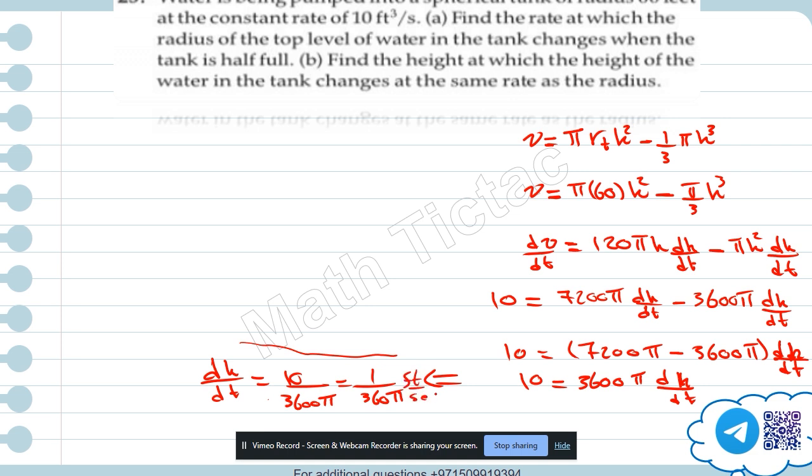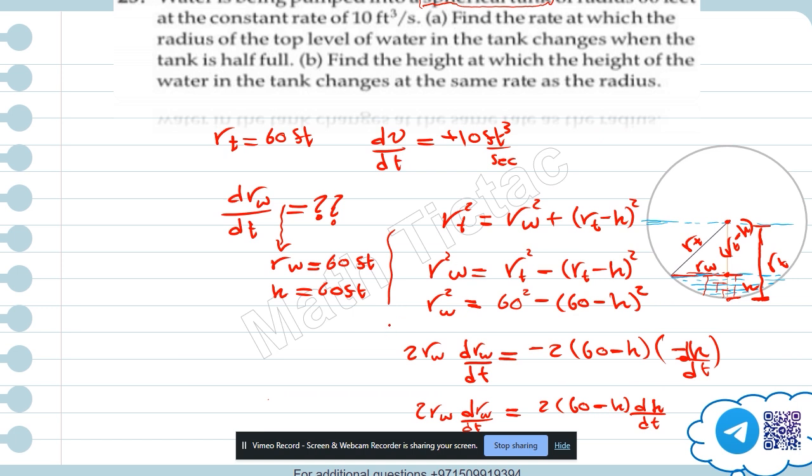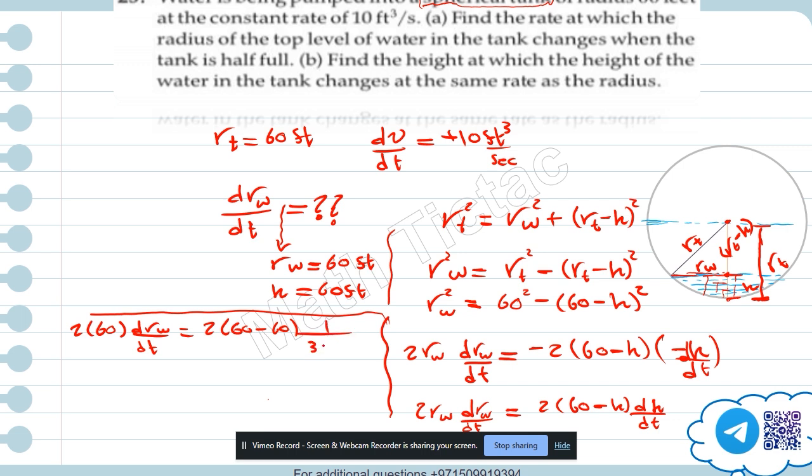So we can go directly to substitute this value. This is my substitution. I have to substitute 2 multiplied by 60, which is r of water, dr of water divided by dt, which is equal to 2 multiplied by (60 minus 60) multiplied by dh over dt, which is 1 over 360 pi.